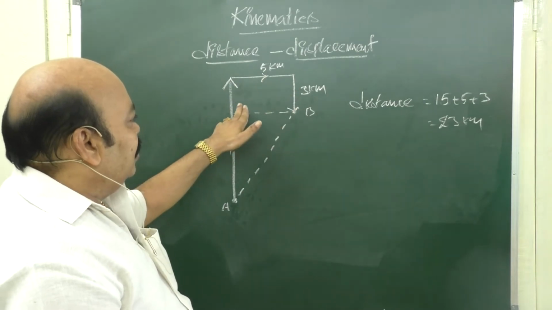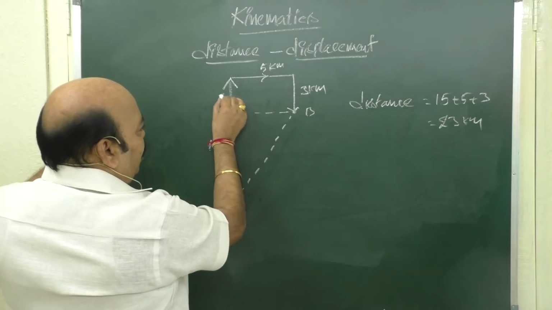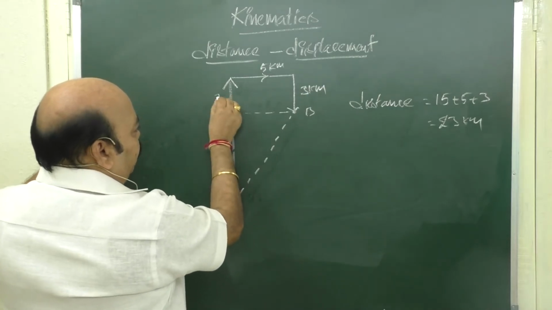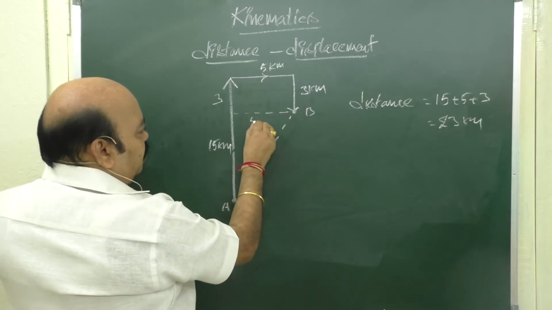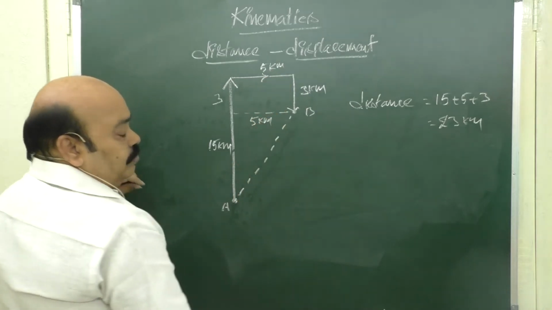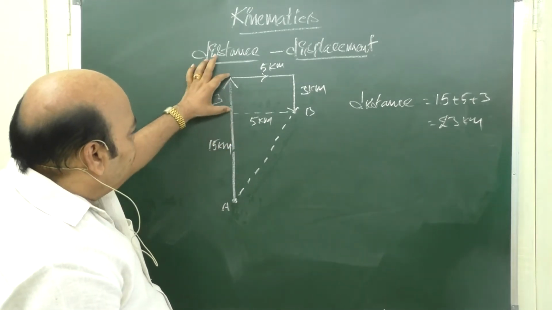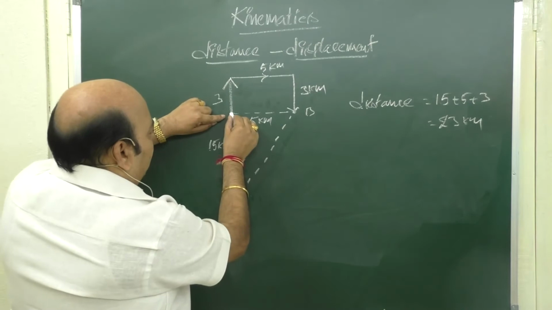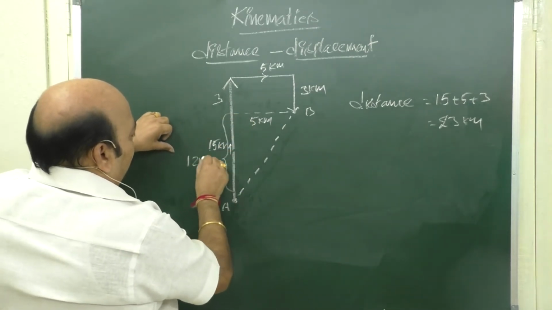If it is a rectangle, what happens? If it is 3 kilometers, automatically the opposite side becomes 3 kilometers. And this is 5 kilometers, its opposite side also becomes 5 kilometers. This is 15 and this is 3. What about the remaining part? 15 minus 3, it is 12 kilometers.